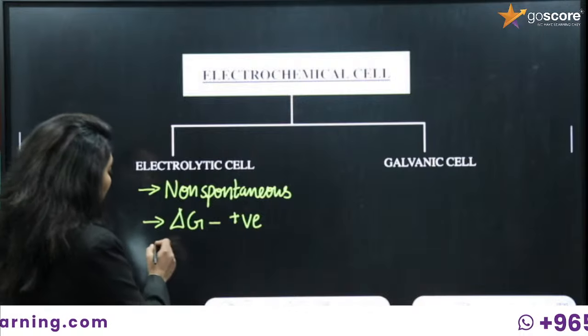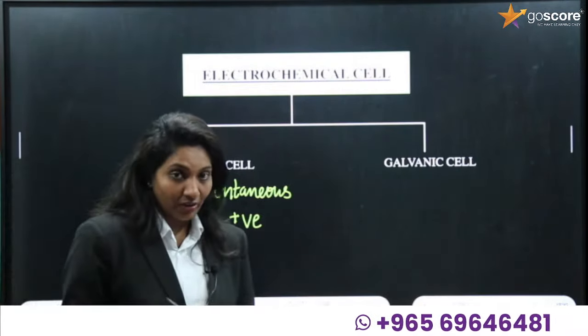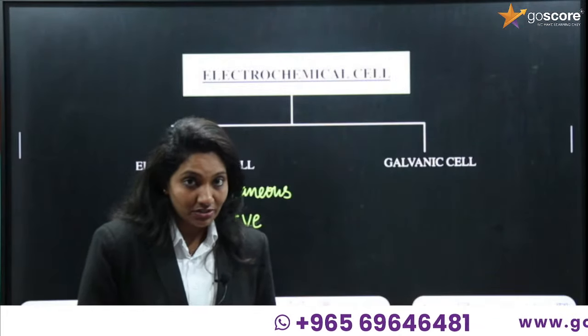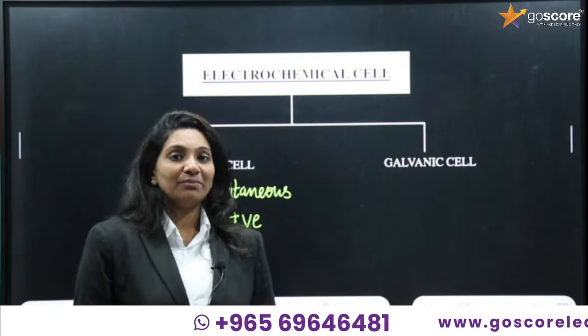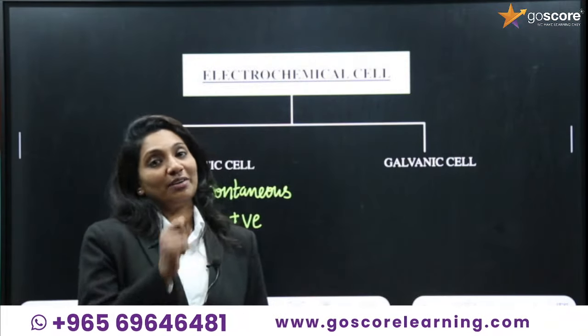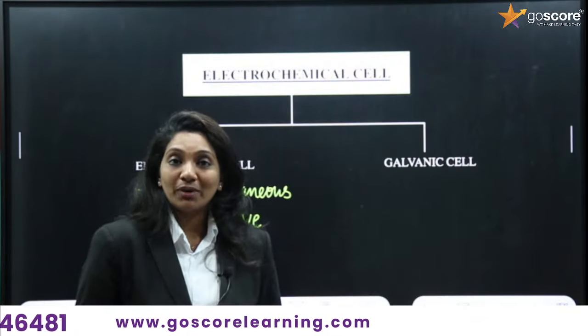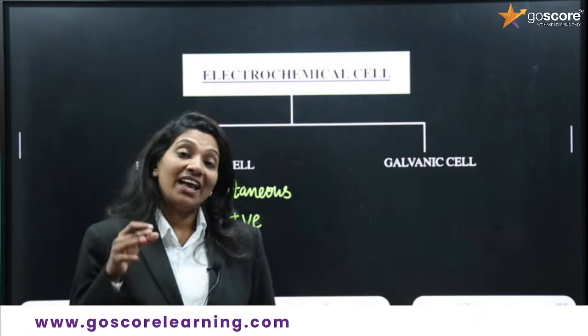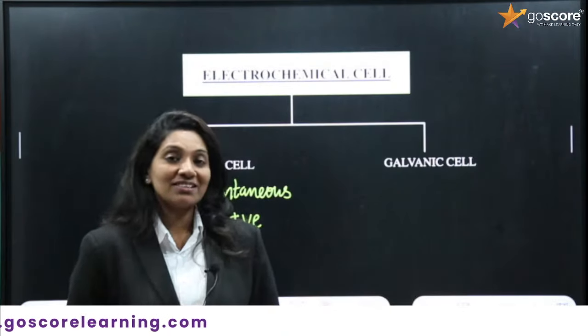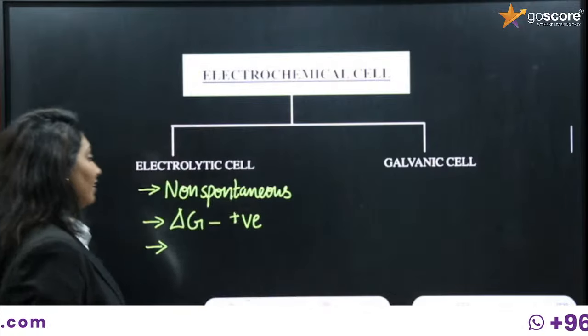Here, what conversion is occurring? We put it into the electrical socket and the phone gets charged, so electrical energy is converting into chemical energy. When we are charging the mobile phone, our phone acts as an electrolytic cell.